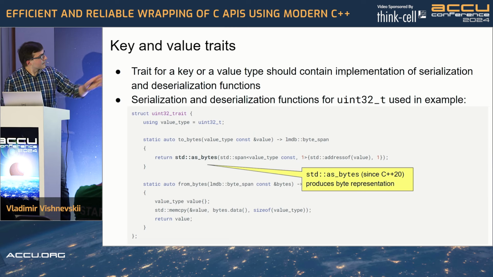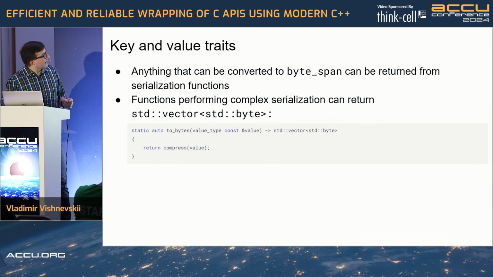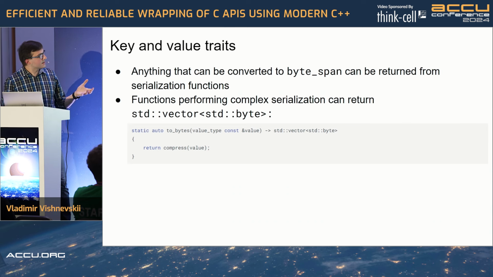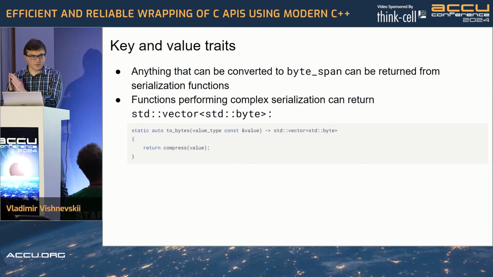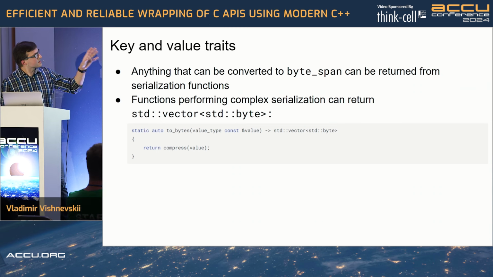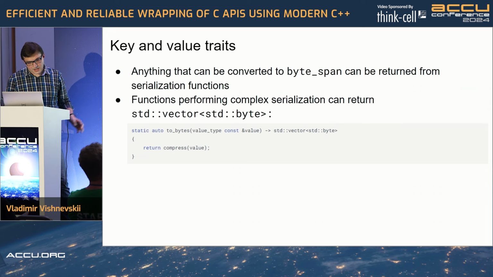And here this function to_bytes returns the byte span. As we write generic code, we can benefit from the fact that sometimes to_bytes, this byte representation, can involve more complex operations than just getting the byte view, because we can compress data, or encode it somehow, and in some cases to_bytes should actually return the allocated storage for this data, in this case a vector.